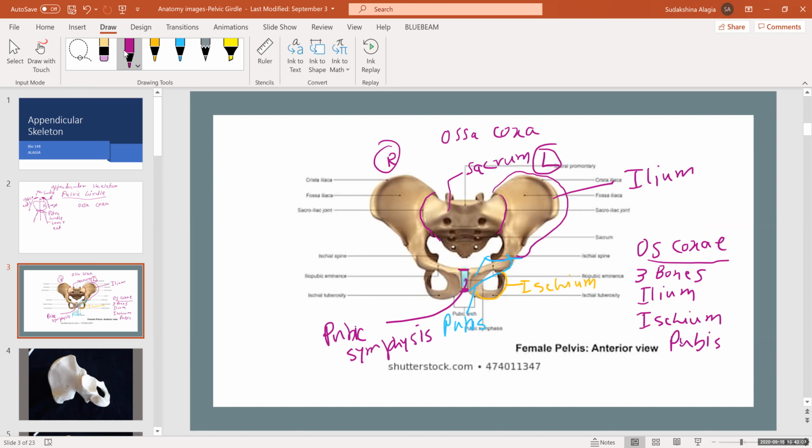We want to identify the pubic symphysis because that gives you the orientation of the ilium, pubis, and ischium. Okay. Something else, just like for scapula, we looked at the glenoid fossa. You want to identify this large foramen that's here. This foramen is referred to as obturator foramen.